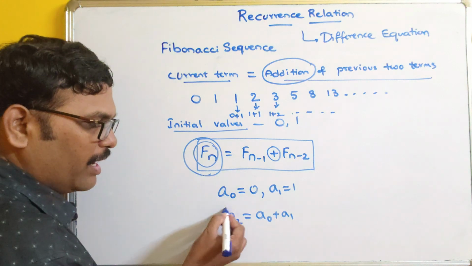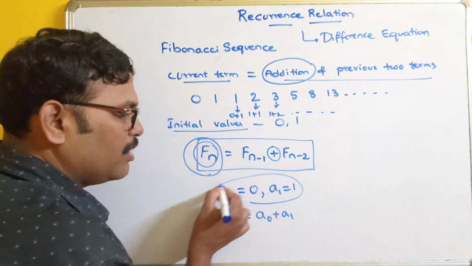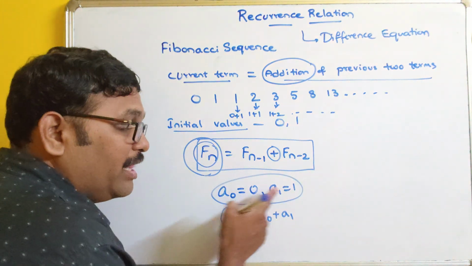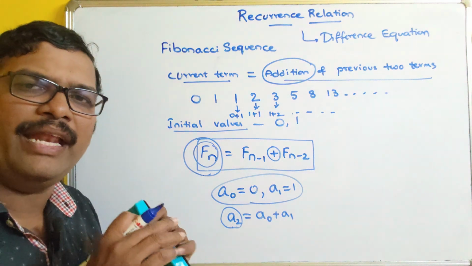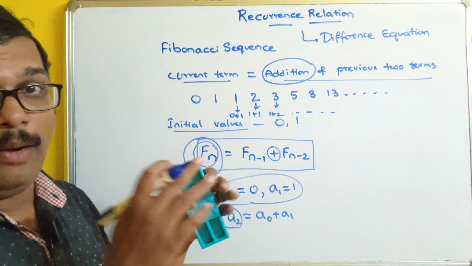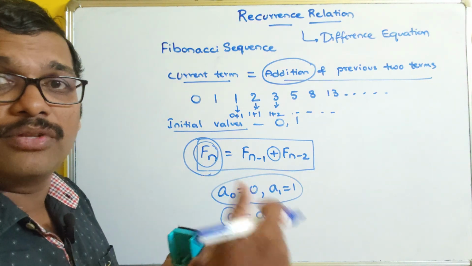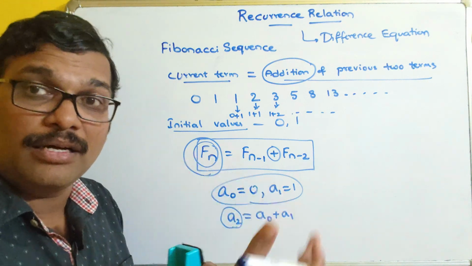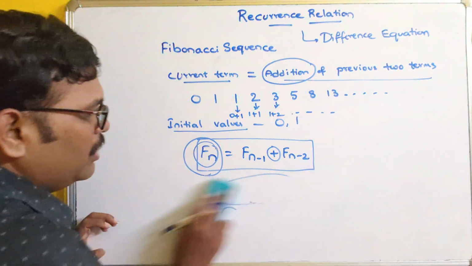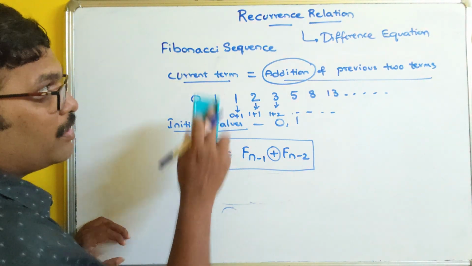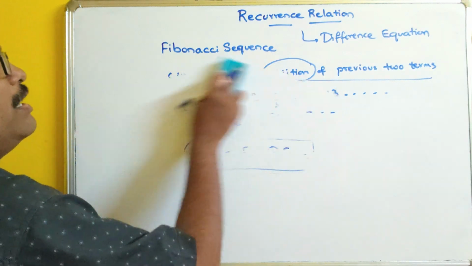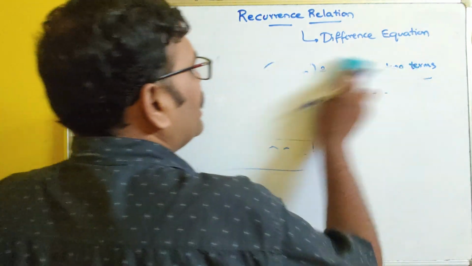So how are we getting A2? By adding the previous two terms. There will be initial values for any kind of sequence. With the help of the initial values, we find the next terms in the sequence.